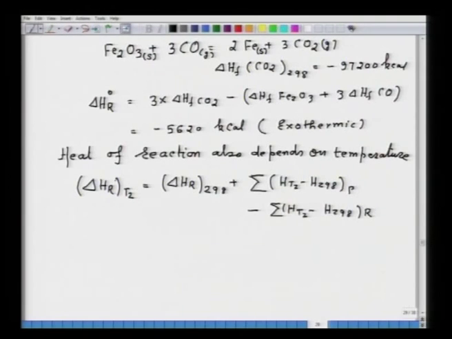Now, let me illustrate by an example. Let us calculate the heat of the reaction mentioned below at 1500 Kelvin.